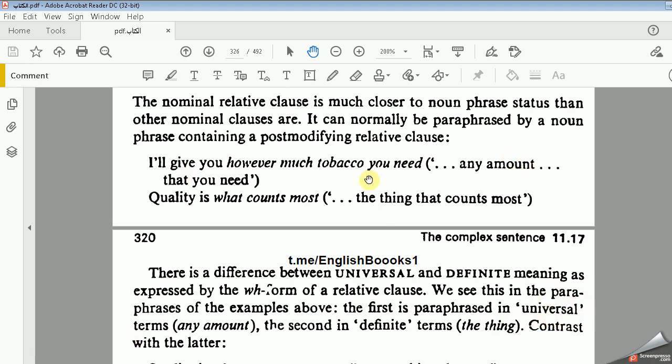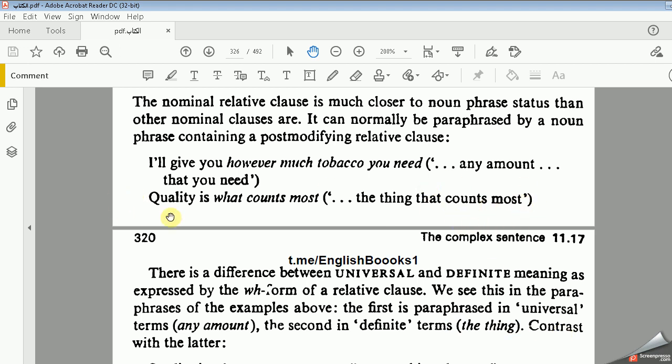You can interpret this sentence as universal: this man will give him any amount without specifications or conditions, any amount that the other person needs. While the second sentence is definite: the speaker uses definite terms, which is the thing that counts most.